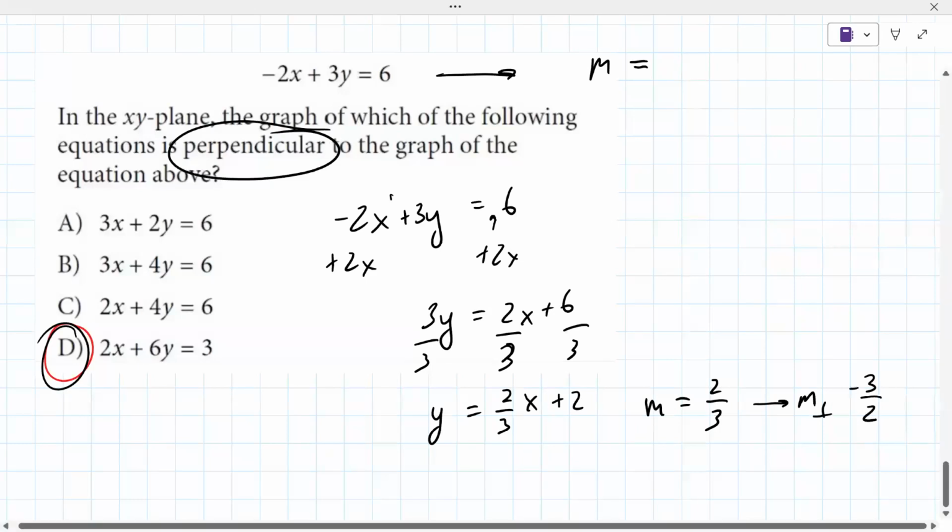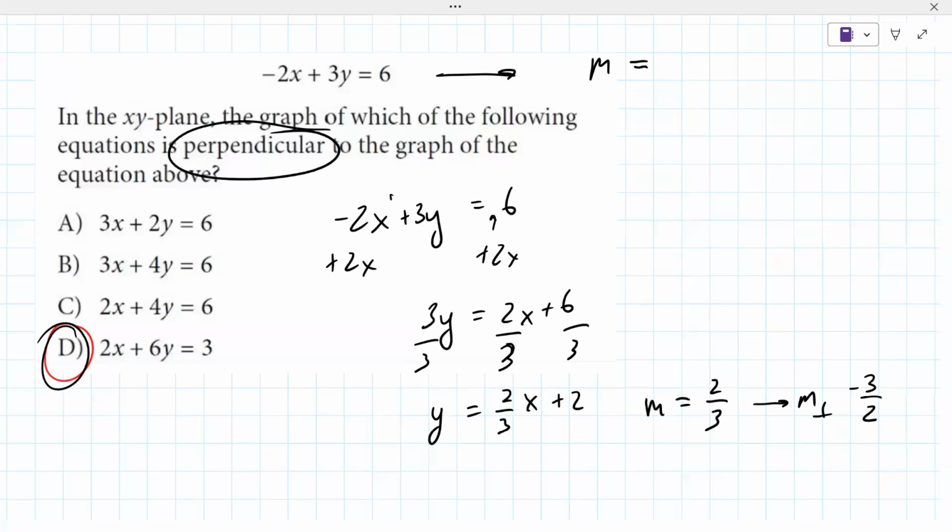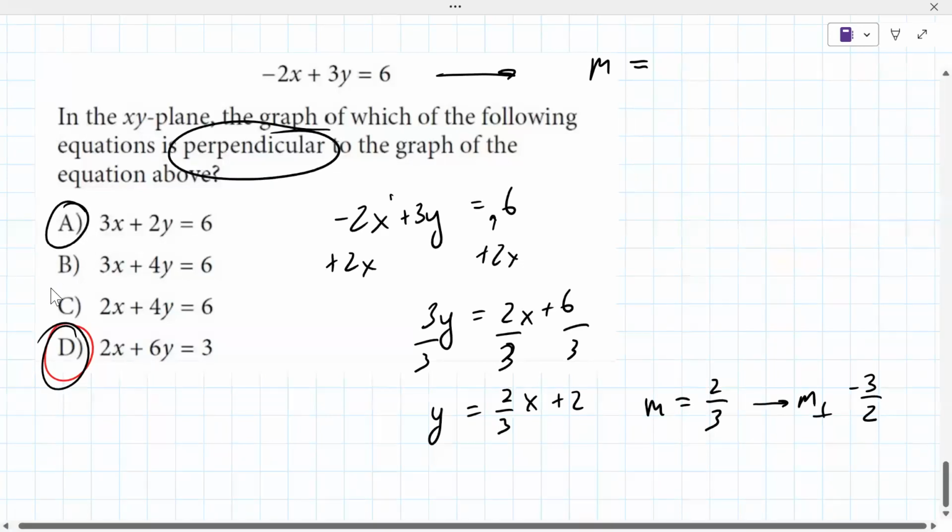Okay. So then is it A? It is A, yeah. All right, good job.